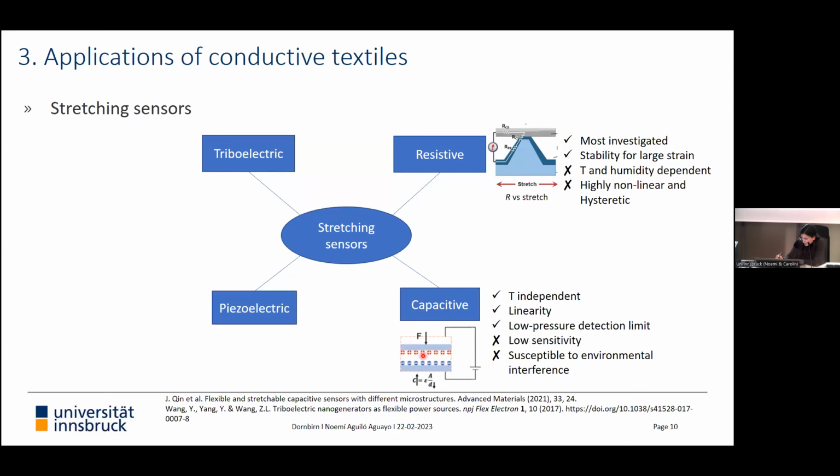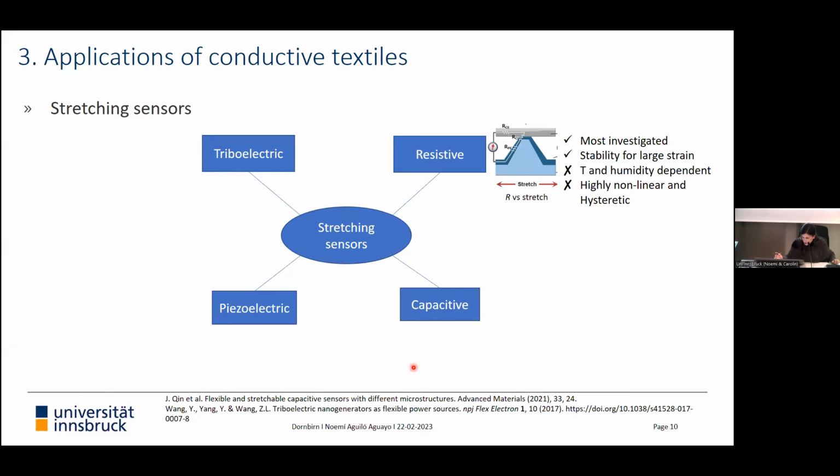These charges will create a capacitance, and this capacitance will change depending on the distance of these electrodes. The positive thing is that this dependence is linear, so we have a linear response of this sensor. It's temperature independent. It also has a low pressure detection limit, and the disadvantages are that it has low sensitivity, and the distribution of these charges is susceptible to environmental interferences.